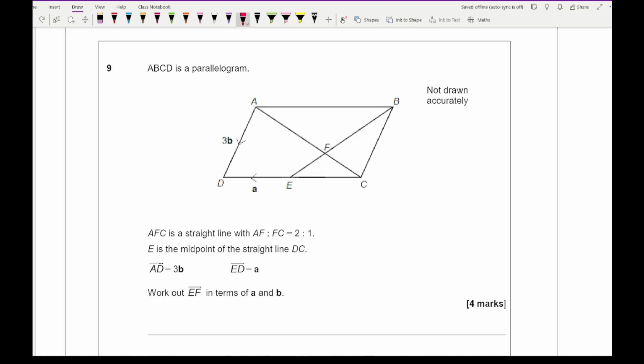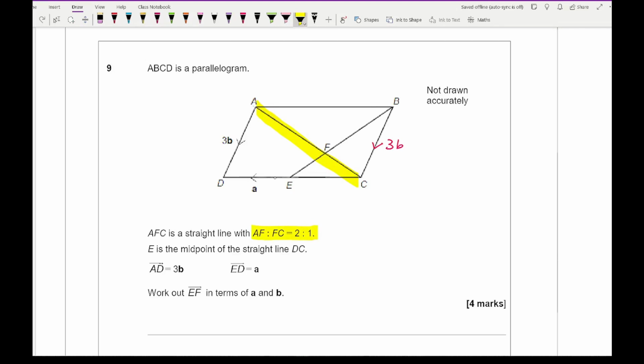So we know it's a parallelogram, which means that the opposite sides are going to be equal. So that's going to be 3B going from B to C. And we know that looking at the ratio of A to F to F to C, so that's the diagonal line. So if I just start by labeling that in yellow, then I know that this is related to that.